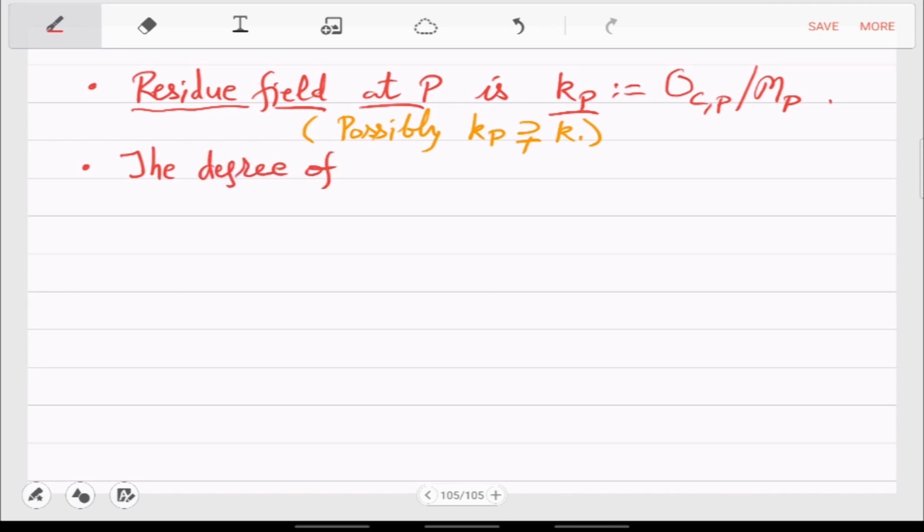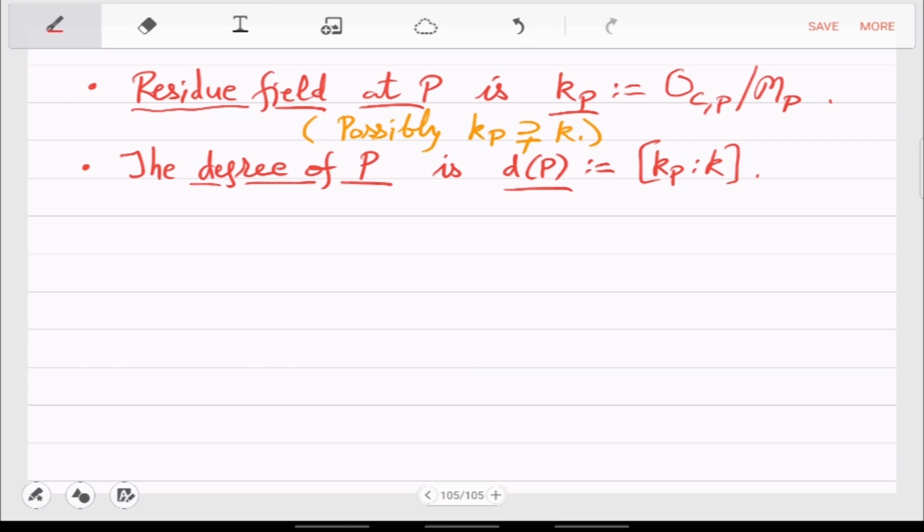So the degree of a point is d_P. How far is this field from the base field? Okay, so that's the degree.